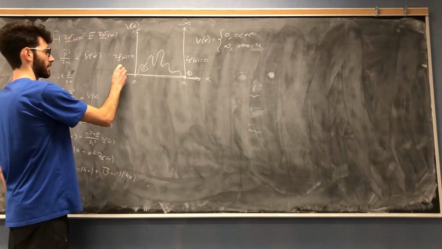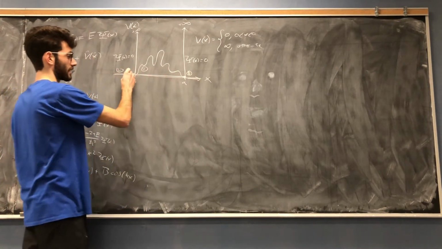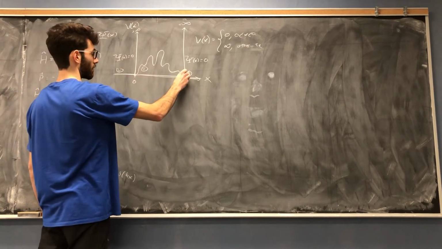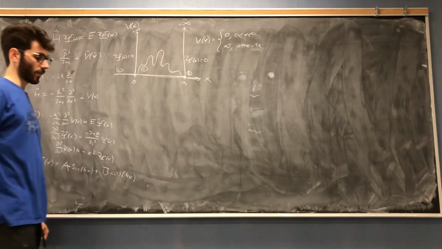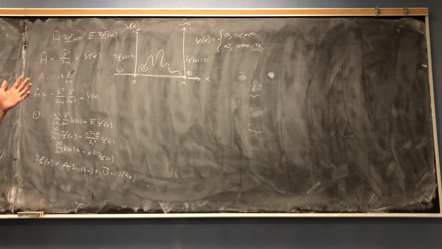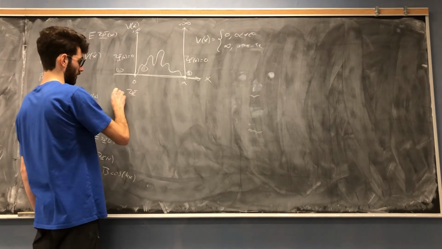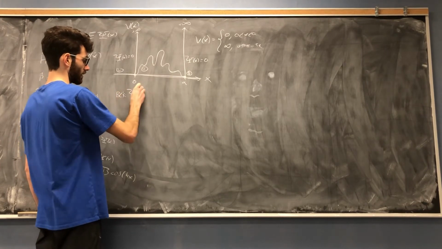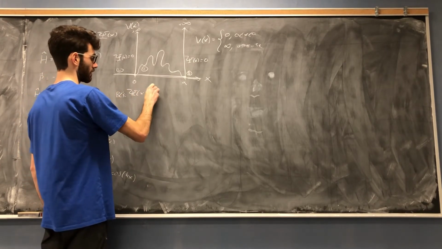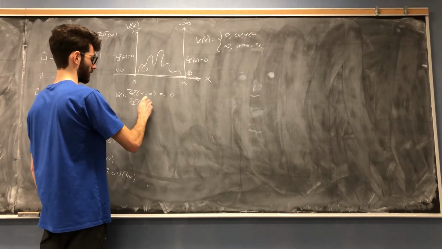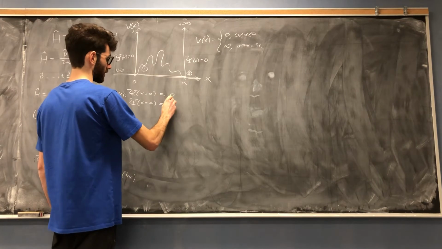So effectively, the fact that the wave function has to go to 0 in these infinite regions tells us what our boundary conditions are for this wave function within the box, in a region where the wave function is non-zero. So mathematically, these essentially amount to our boundary conditions. Psi of x equals 0 must vanish, and similarly psi of x equal to a must vanish.